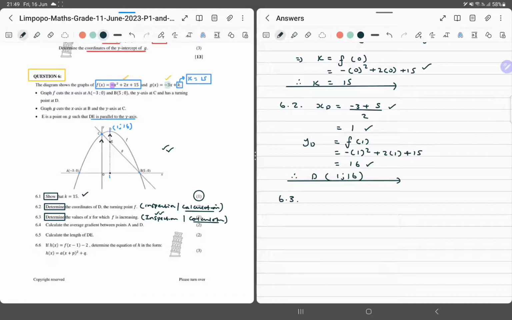When we're saying the values of x for which the graph is increasing, when is the function f increasing? When it has positive gradients. So if we draw a tangent line here, you see that the tangent line touches the graph there.